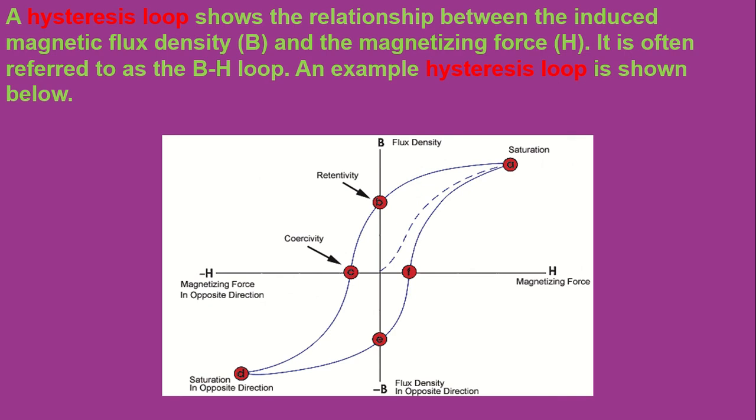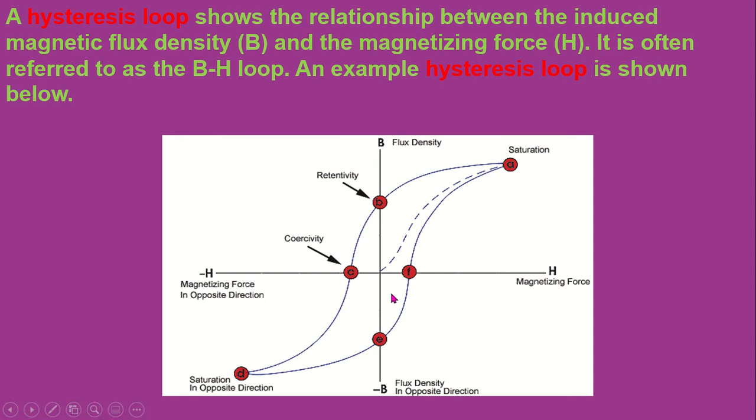Now if H is increased and brought to its initial maximum value, then the value of B will increase along this curve and attain a value which will be saturated at the point A. That means above this point A, the value of B will not increase.